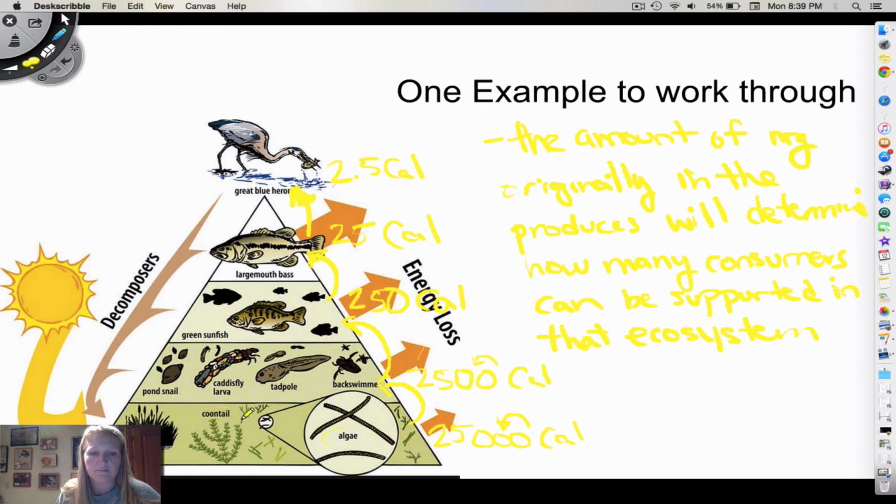Okay, so depending on what you start with, how many producers are available within that environment will really determine the rest of the pyramid, what will happen on that pyramid, okay?